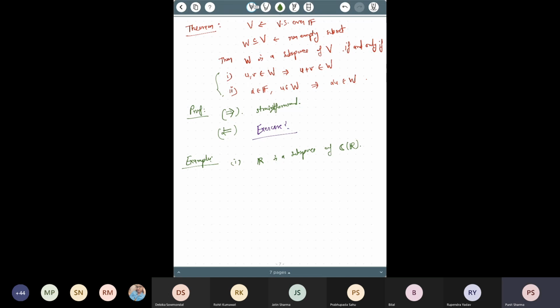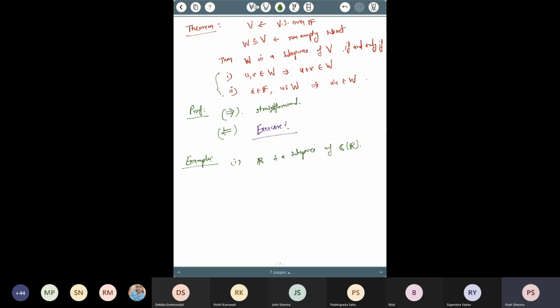Every vector space is a subspace of itself. Similarly, the set containing only the zero element of the vector space is also a subspace. These are the two trivial subspaces: one is the zero space, a set containing only the zero vector, and the other is the vector space itself.